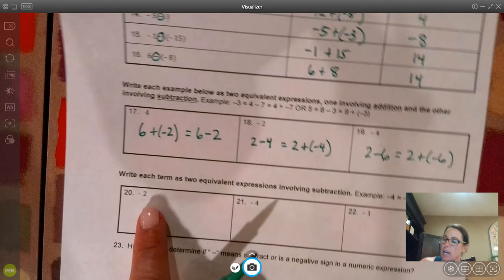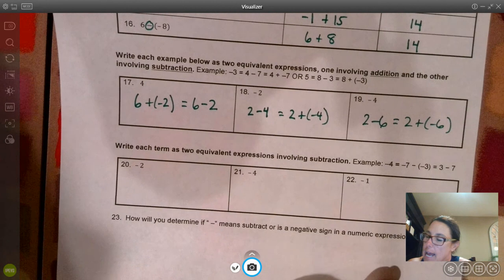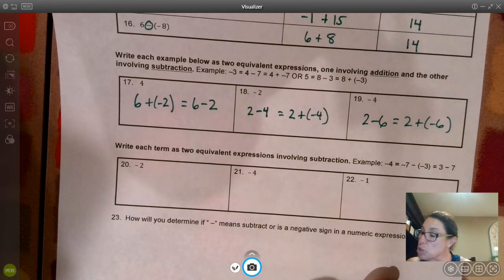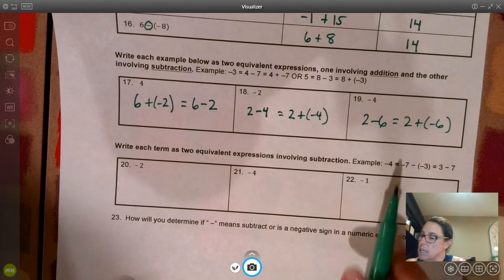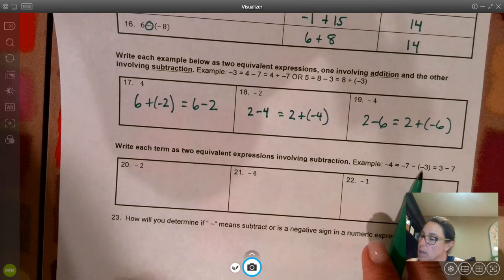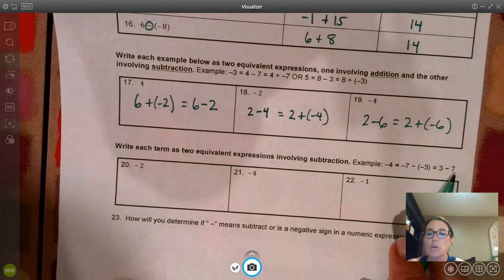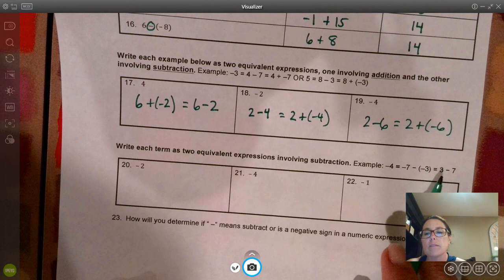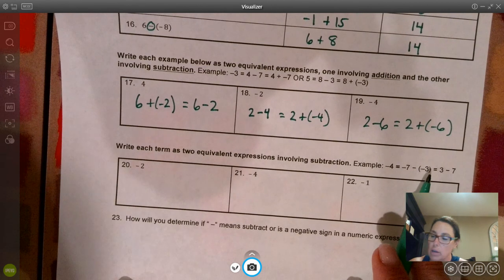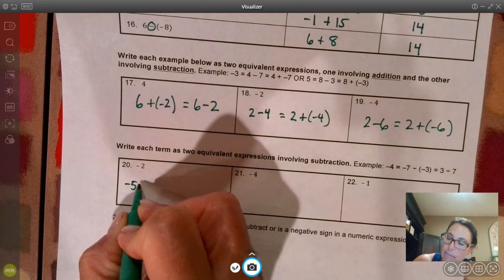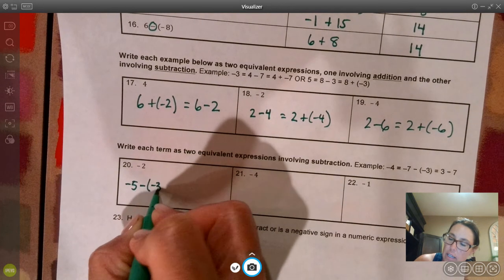Okay, now this guy, write each term as two equivalent expressions involving subtraction. Okay, so to get a -4, -7 minus -3 and 3 minus 7. Those both would get you a -4. Notice that you've got 3's and 7's going on in both. Okay, so for -2, let's do -5 minus -3.